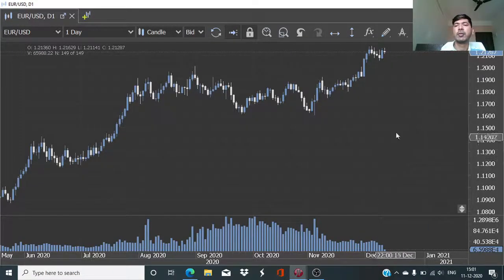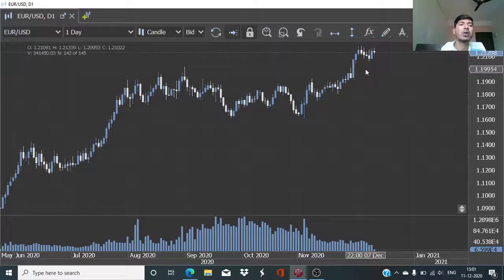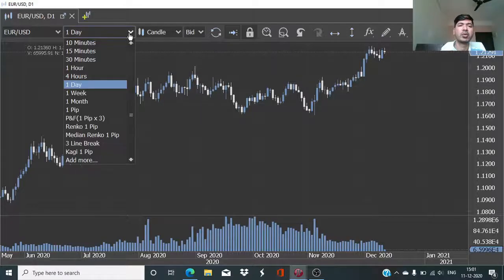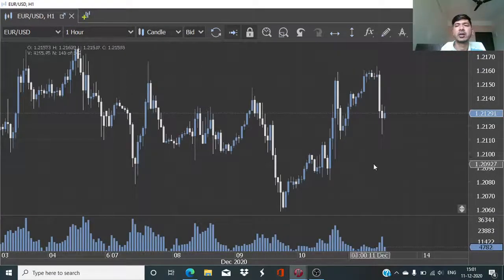So the interest is waning, and we will have to see how the Euro USD will behave after reaching these heights. And as I said, we can use data in conjunction with one another.